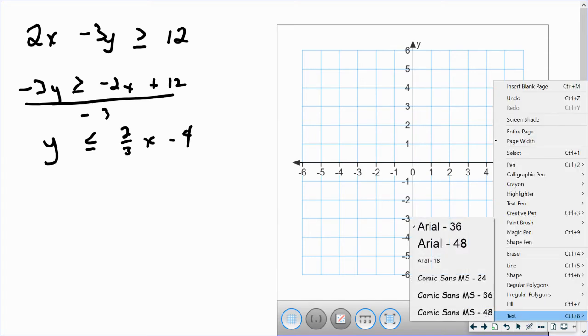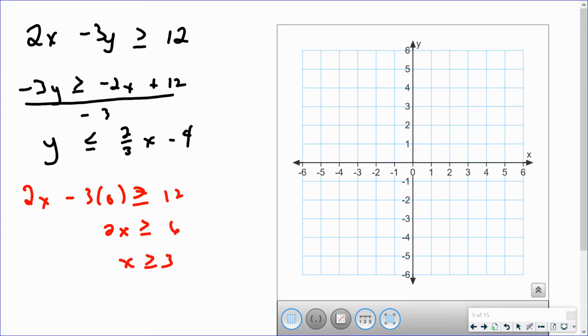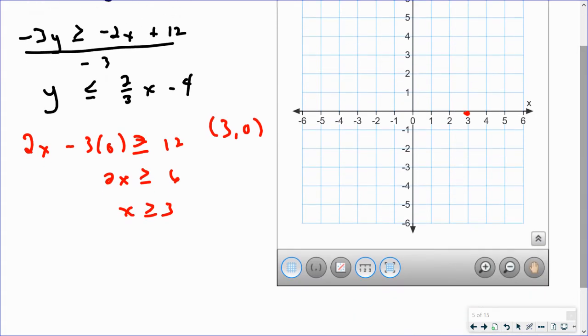So what I would really prefer to do is find the intercepts. So 2x is greater than or equal to 6, x is greater than or equal to 3. So that means this intercept is at 3, 0. Now to figure out the y-intercept, I'm going to put a 0 in for the x.